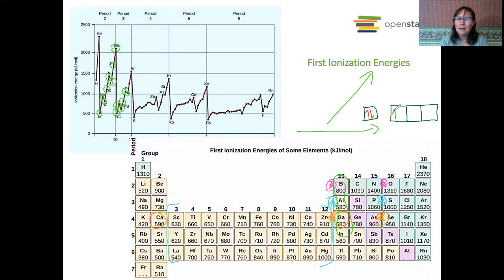See how there's just one here? It's easier to remove that one than this full shell, because here we are up in another energy level. This first one has a higher energy level than our S block by a lot. Even when we don't have anything in between, there's a big jump there. So that makes that one easier to remove.